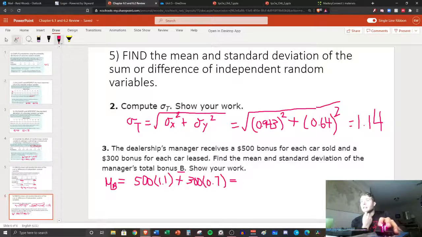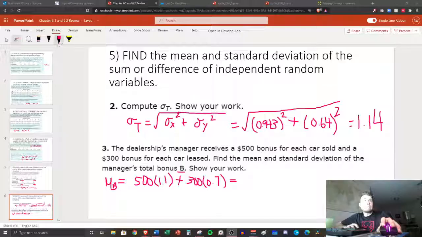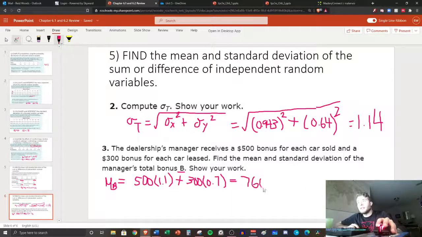Okay, we need to know what that is. So 500 times 1.1 plus 300 times 0.7. So 760 is what we should get for this. So we're going to write that down. So you can expect a $760 bonus on a Friday. That's pretty good, right?